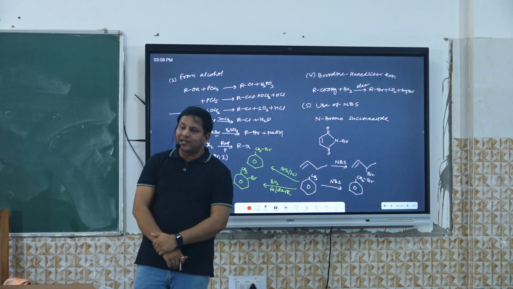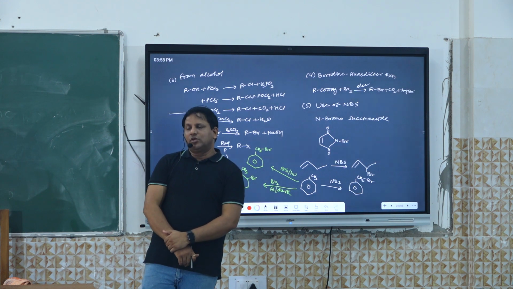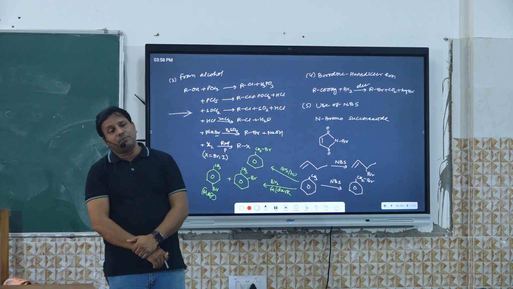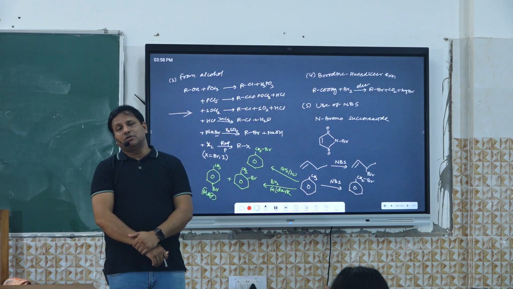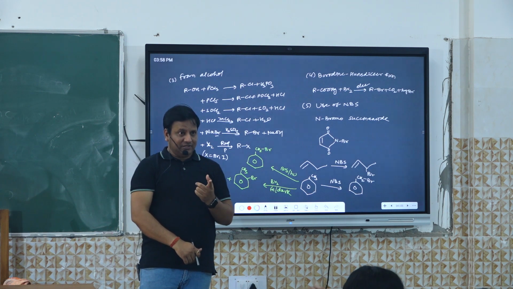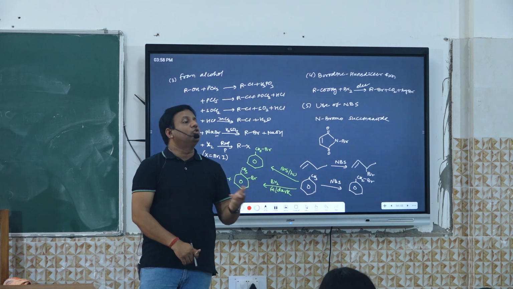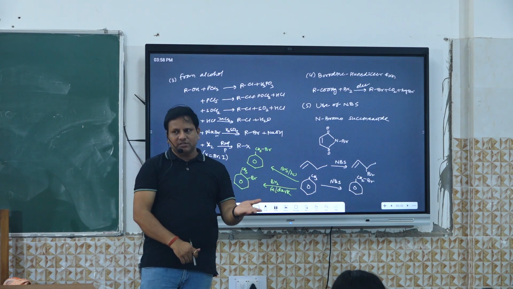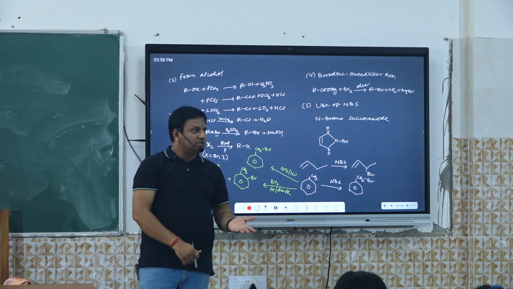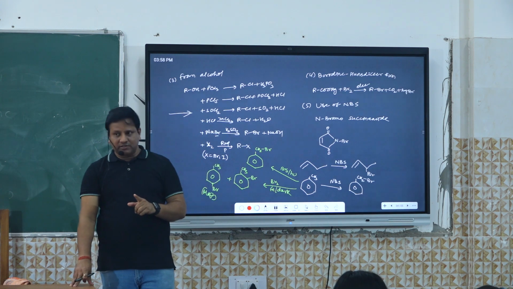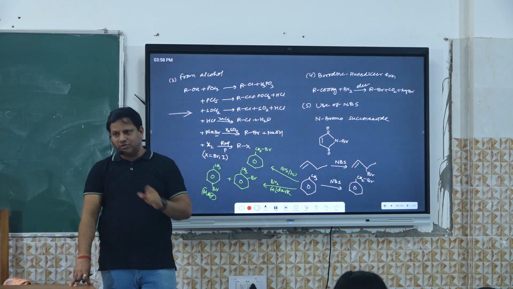Now ring deactivating and meta directing. Those with strong minus I, suppose NH3 plus, NR3 plus, SR2 plus, and strong minus I. And minus R groups, NO2, CN, then COOH, aldehyde, ketone, and SO3H, those are making minus R effect. Minus R means inside the ring positive charge.